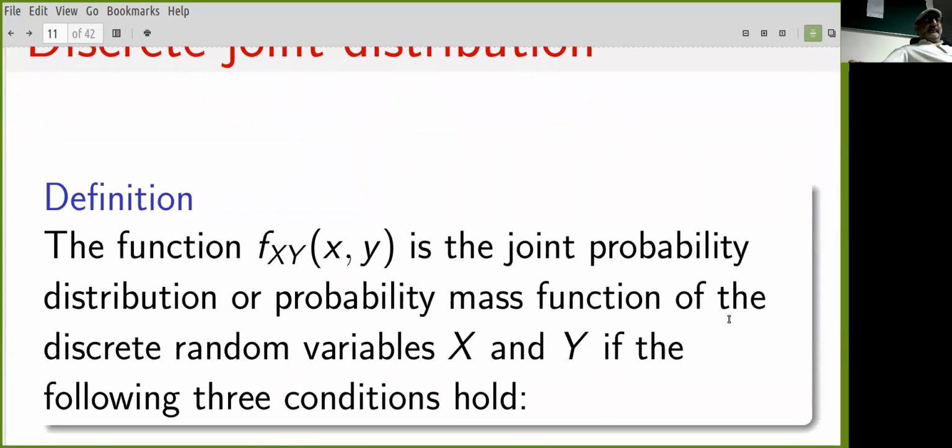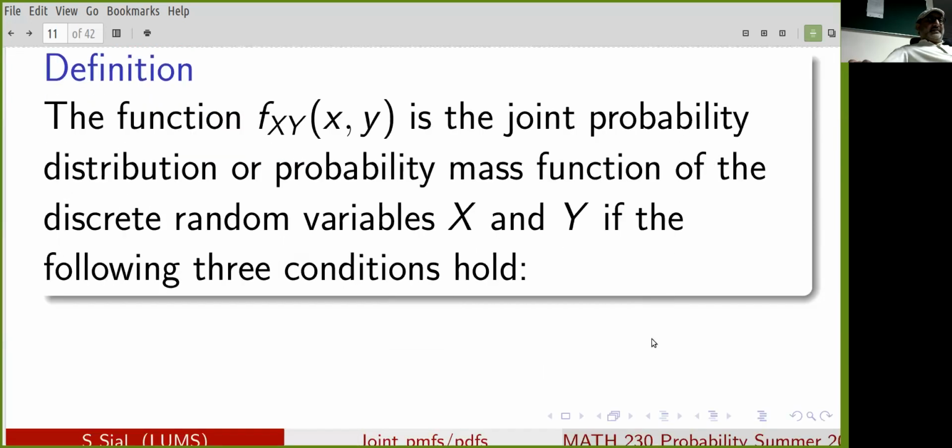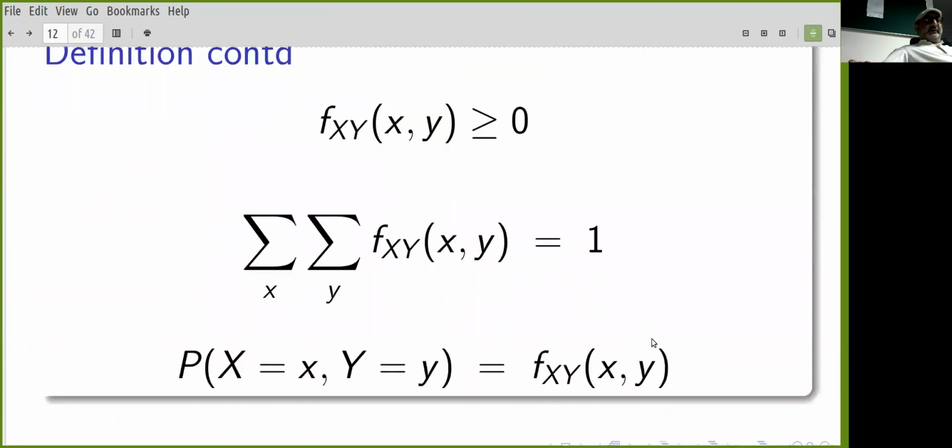Okay, so f sub xy is the notation used for the joint probability distribution, the joint PMF for discrete random variables or the joint PDF for continuous random variables. Okay. In the discrete case, what do you need?